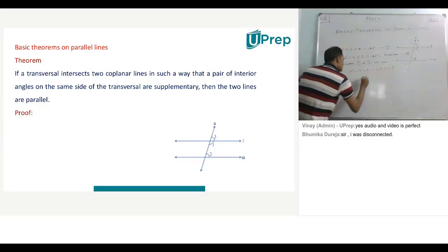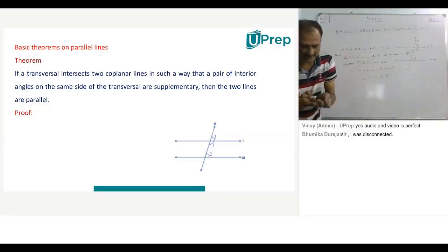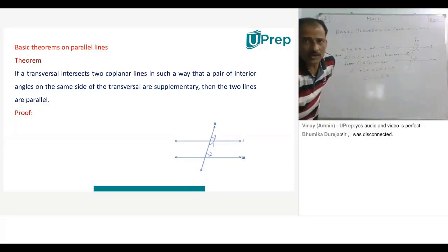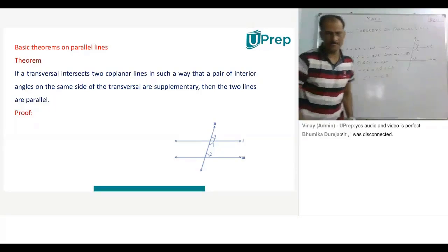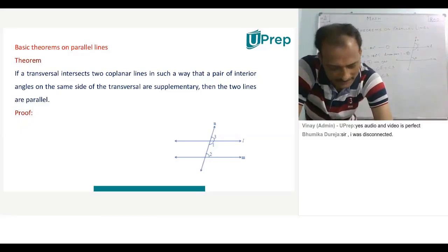Cancelling angle 2 on both sides, we will get angle 1 is equal to angle 3. Come on, make it fast. Done, sir. Wow, you are too super fast.